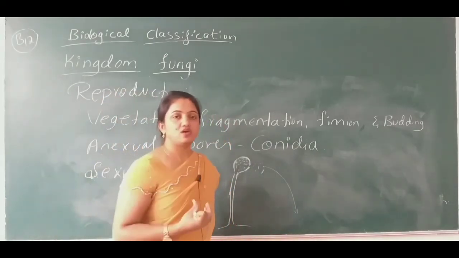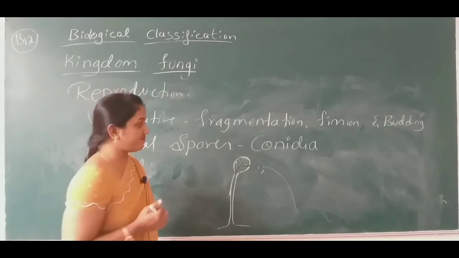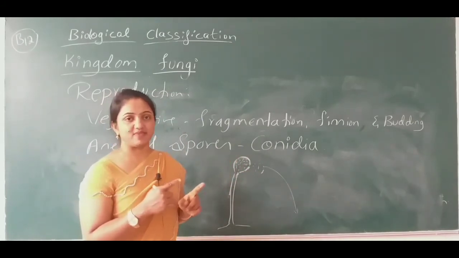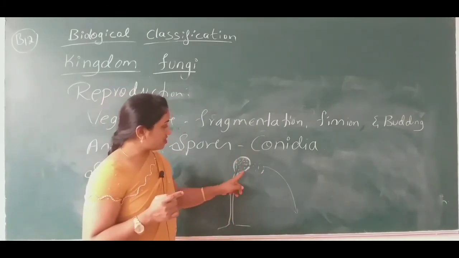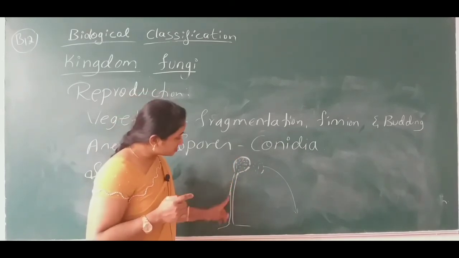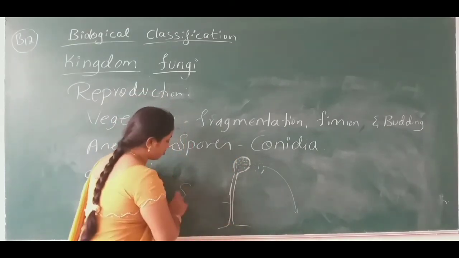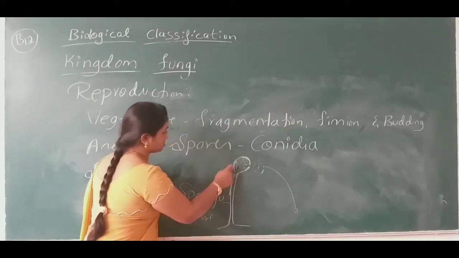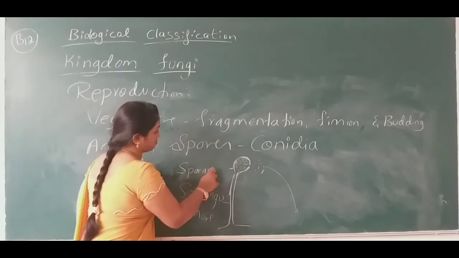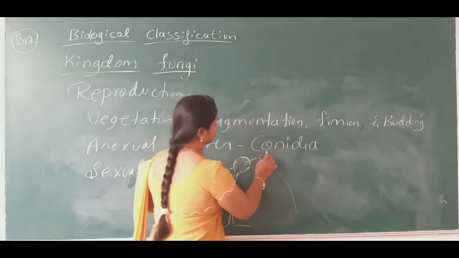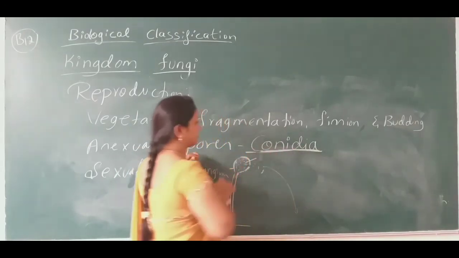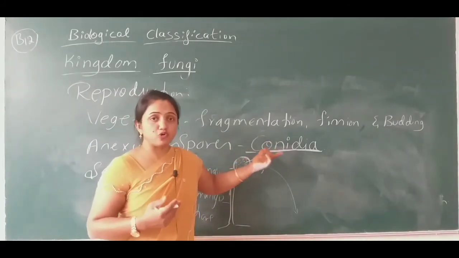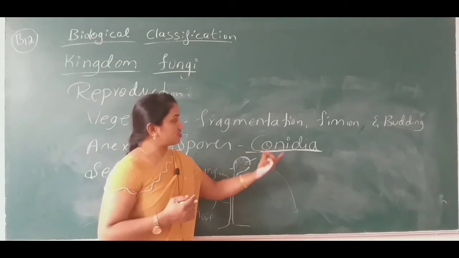There it grows up and gives rise to a new fungi body. So without involvement of male and female gametes, directly from the parent body, the sporangium forms. This is the sporangiophore, this is the sporangium, and these are the spores, which they have given one particular name: conidia or sporangiospores or zoospores.